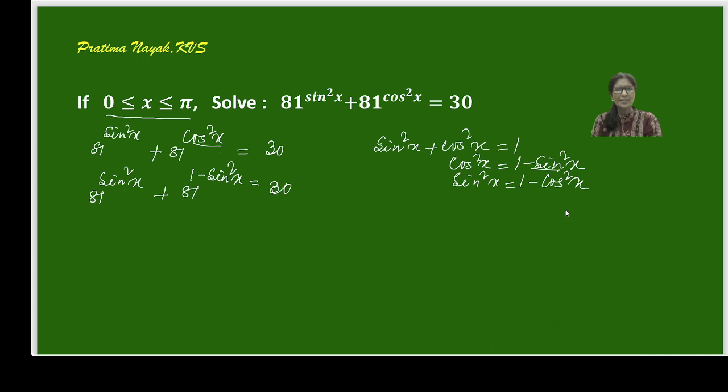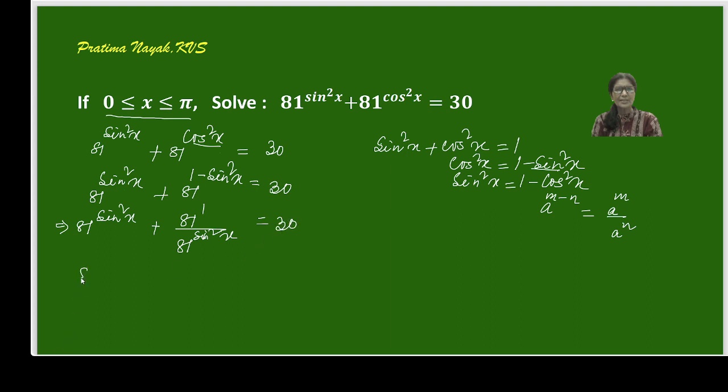Next, I'll apply the concept of exponents. A raised to the power m minus n can be written as a raised to the power m divided by a raised to the power n. So in the next line, the second term will be written as 81 upon 81 raised to the power sine square x, is equal to 30.